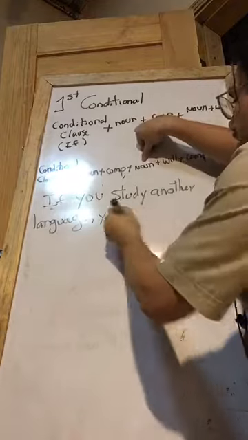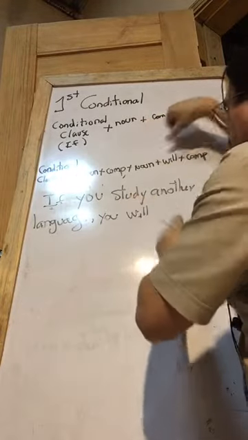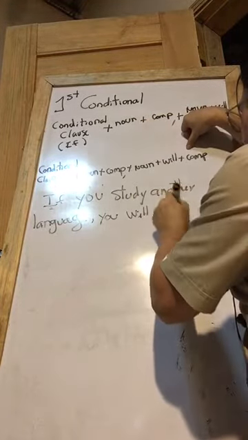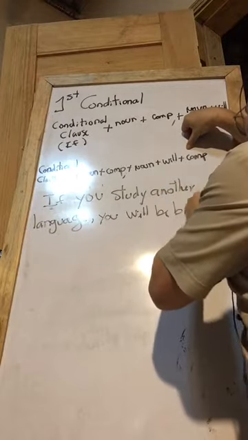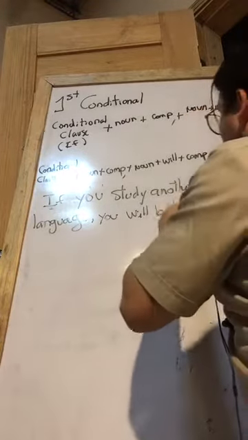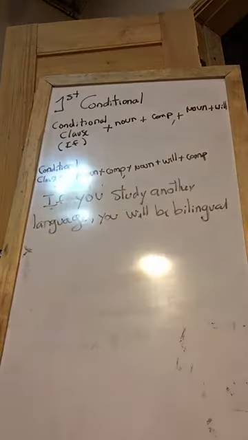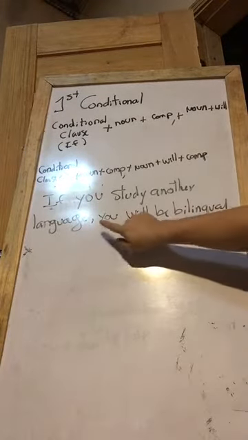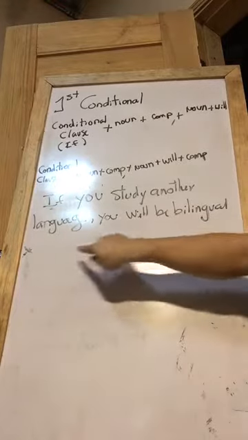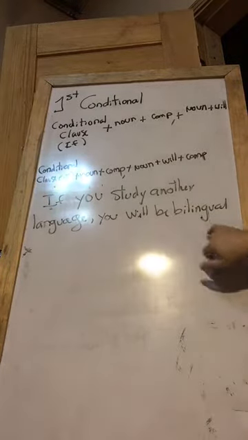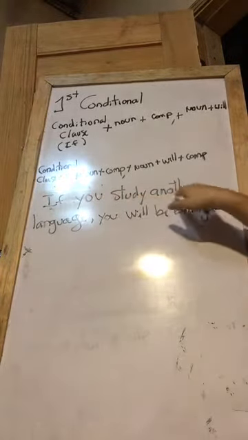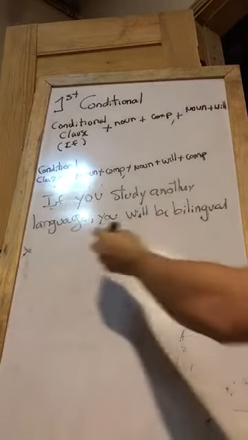You, see, noun, will be bilingual. Now your job will be to take this sentence into opposite. How? Starting with this. You will be bilingual if you study another language. So you just take it to the opposite.